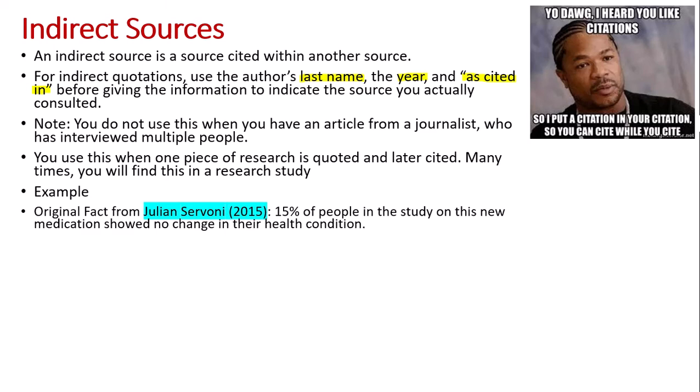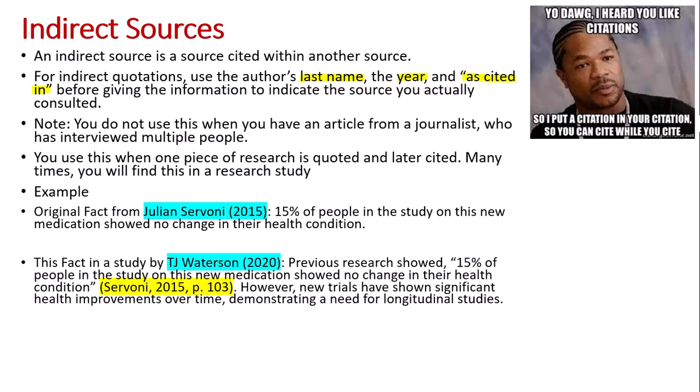Here is an example. This original fact is from Julian Cervoni in 2015. Then the fact is in a study by T.J. Watterson in 2020, where he says previous research shows, and then he quotes Cervoni, 2015, page 103. So how do you put it in your paper?